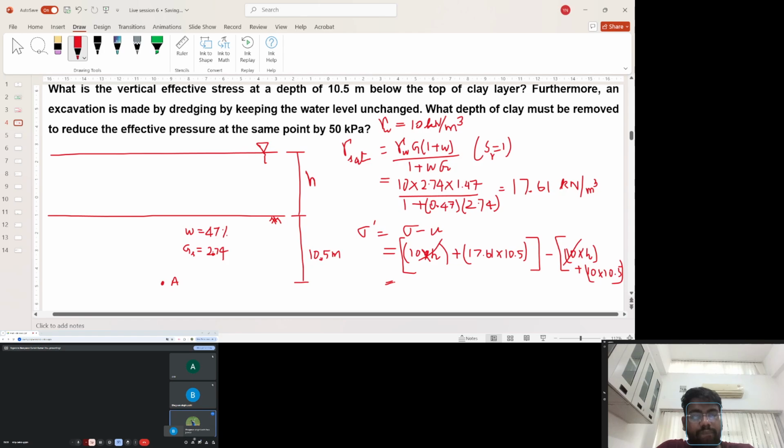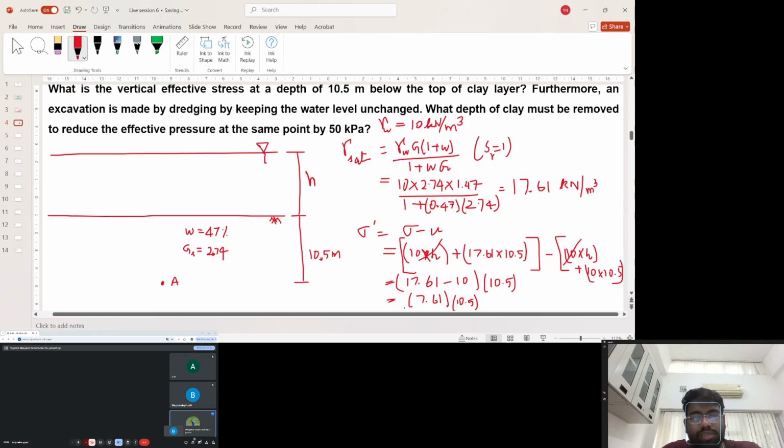So how much will we get here? 17.61 minus 10, into 10.5, which gives us 7.61 into 10.5. So what is this 7.61?